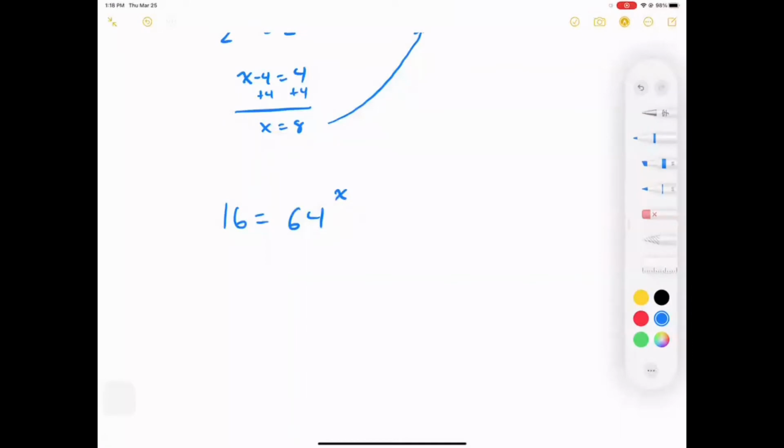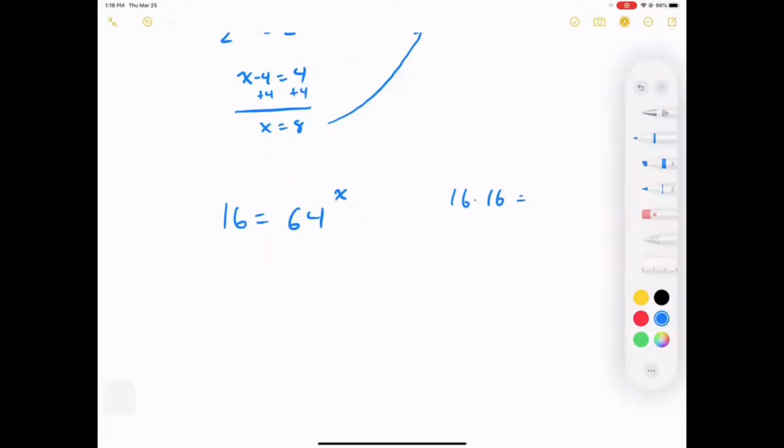All right, so 16 equals 64 to the x. Now this one, if I multiply 16 times 16, that's way over, right? So we're going to have to play with this a little bit. Now instead, we can write this with a common exponent, maybe a 4 or maybe even a 2. A lot of different ways for us to get there.